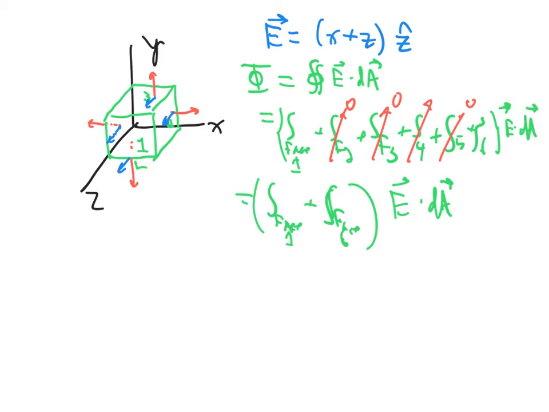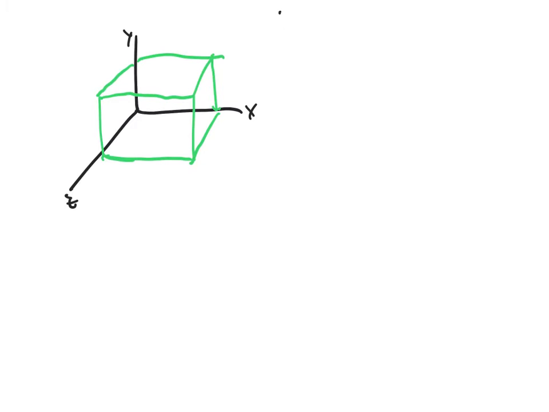So now let's compute the flux through face 1. We're looking for the integral over face 1 of E dot dA. And there's some good news and some bad news. E varies over face 1, so we can't just pull anything out of the integral yet, but on the other hand, we have a couple of things that are useful.